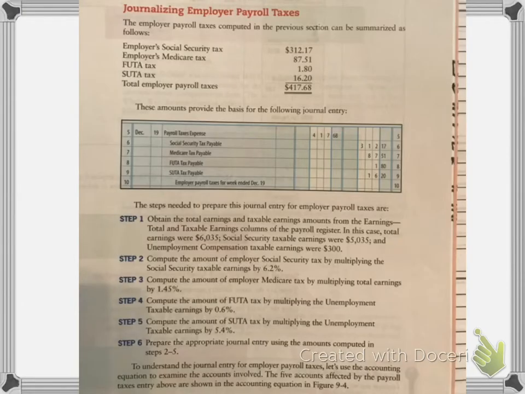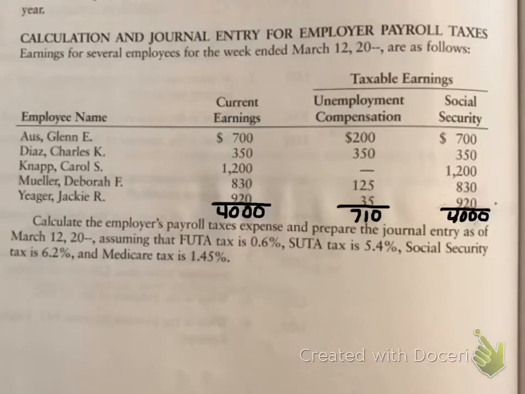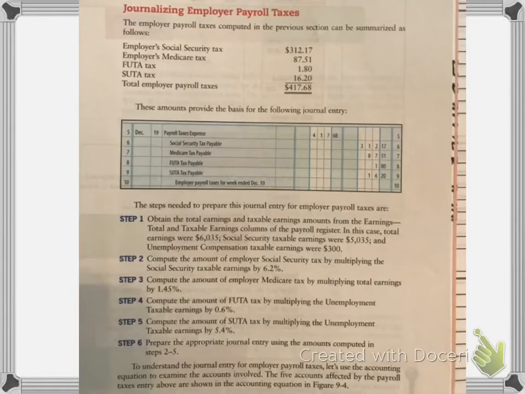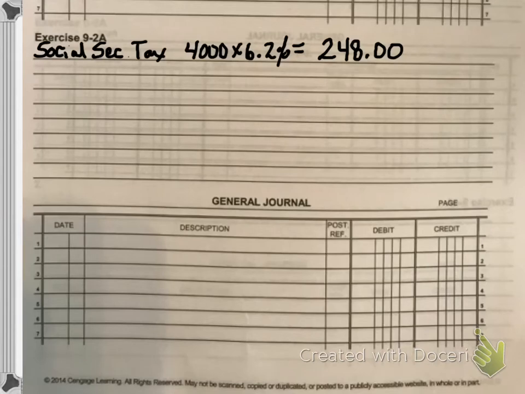Then we will look back and move on to step 3, which says compute the amount of employer Medicare tax by multiplying the total earnings by 1.45%. So if we look back at our problem, the total earnings, $4,000. So we're going to multiply the $4,000 times the Medicare rate of 1.45% to calculate the Medicare tax.